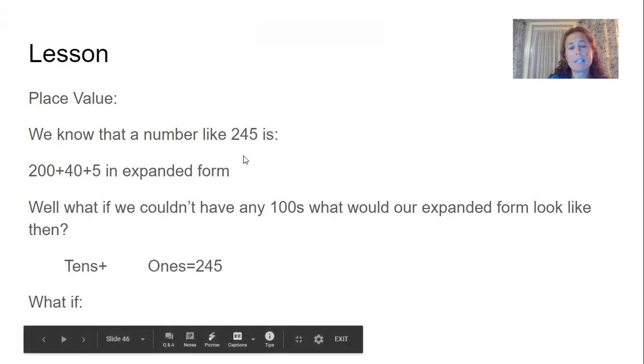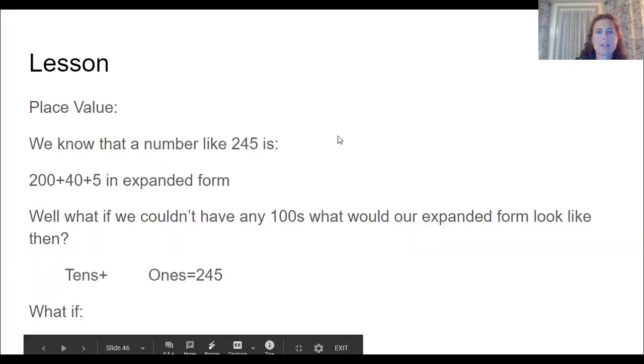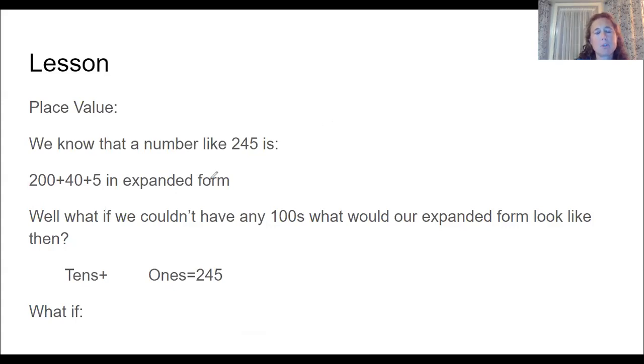Okay, so we still have the same number, 245. Let me stop my share so I can grab my pen. Okay, so we still have the same number, 245. But this time we can only use tens and ones, but we still have to come up with that number.